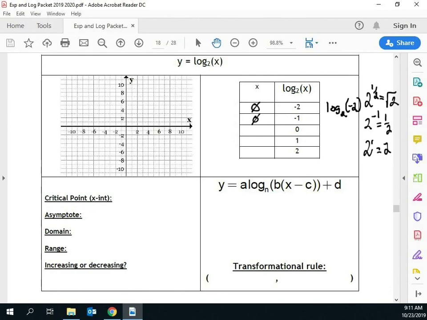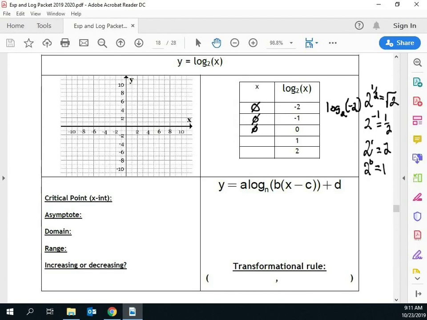Well, you can't do anything. How about 0? 2 raised to what power equals 0? 2 to the first power equals 2. 2 raised to the 0 power is 1. So this actually, again, becomes no solution.